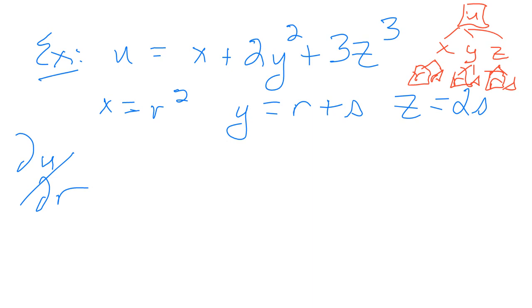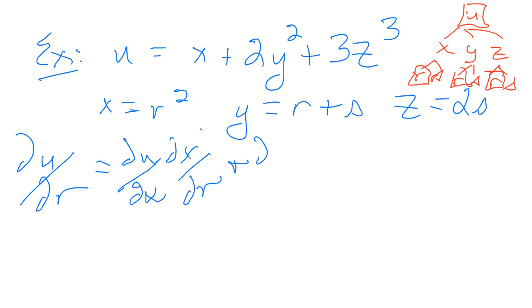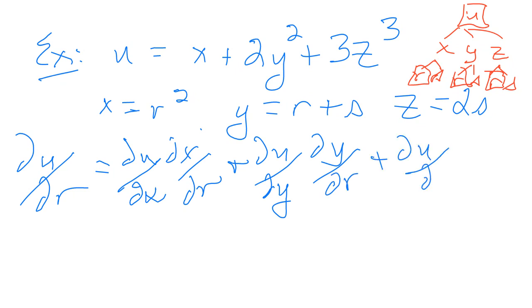So doing that, partial u with respect to r is partial of u with respect to x first, and then partial of x with respect to r, plus partial of u with respect to y, partial of y with respect to r, and then lastly partial of u with respect to z, and then partial of z with respect to r.